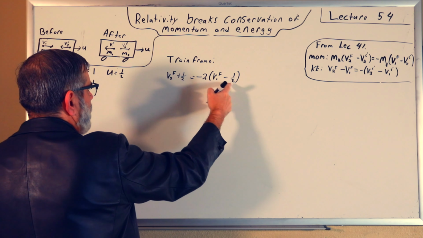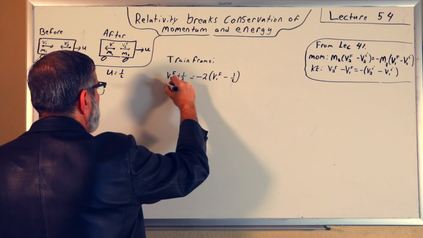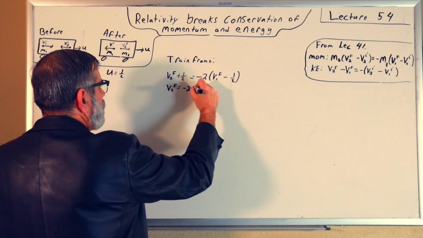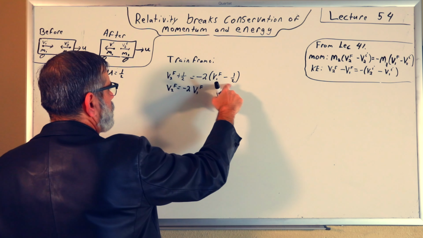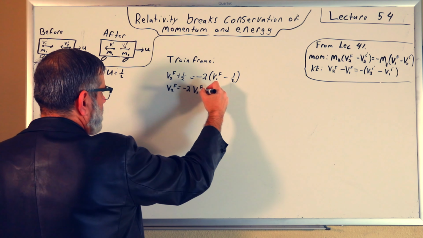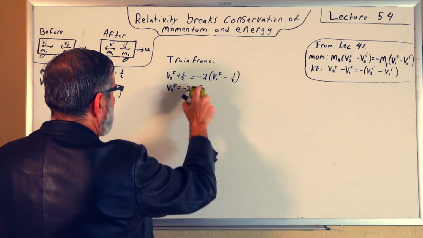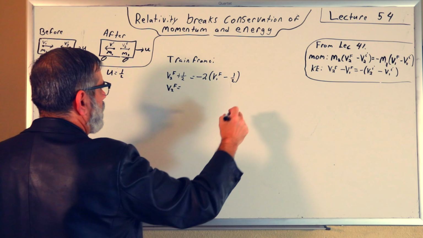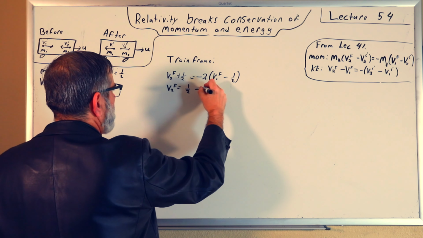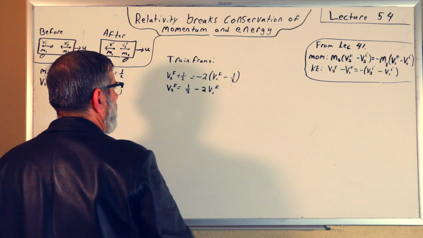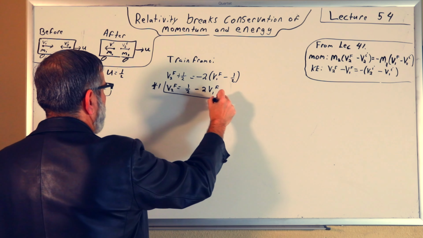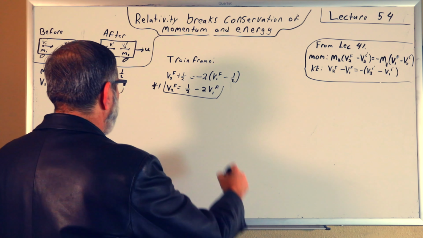All I have to do is add 1 half to both sides, distribute that minus 2, and we'll get that V2 final is equal to minus 2 V1 final, minus 2 times minus a half will be plus 1, but we're going to subtract a half from that, so that's going to give us a half. So we'll have 1 half minus 2 V1F. And we'll call this result star 1. Put a little box around it. And this came from momentum.